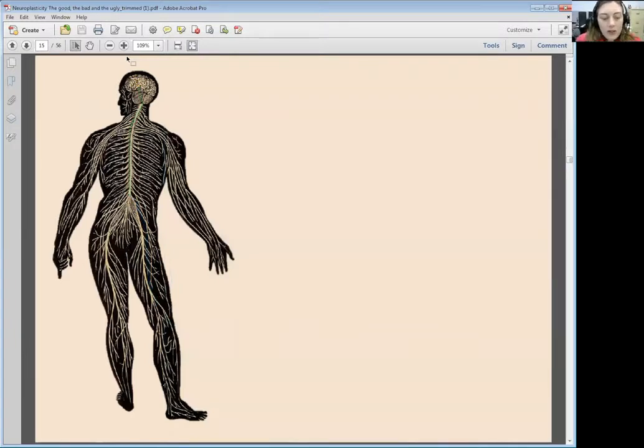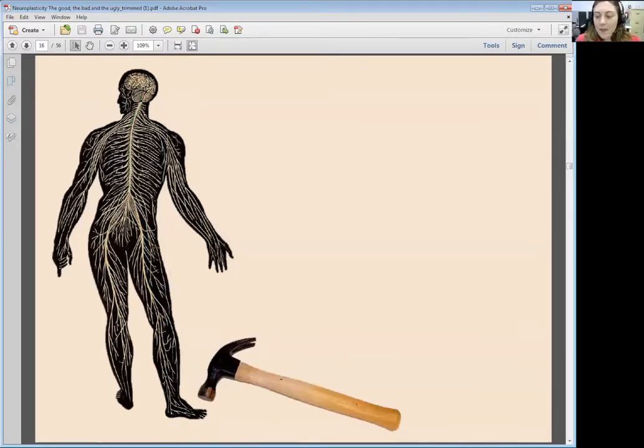Now, what do you think might happen if instead of reaching out and touching this person's foot nicely, I grabbed a hammer and banged it down on the person's toe? So in this case, two messages, in fact, are sent up to the brain. So these two messages travel up specialized pathways for receiving messages about potential damage to the body.